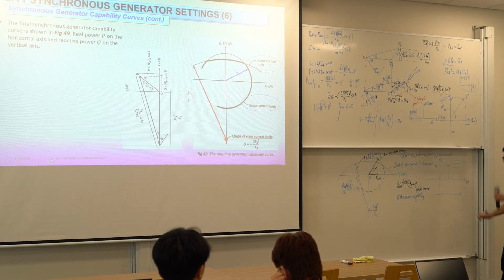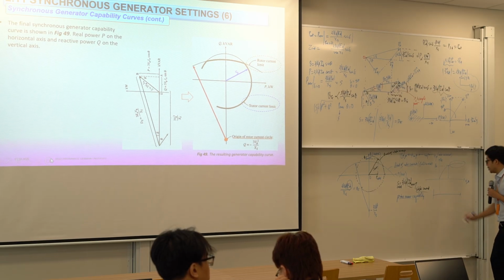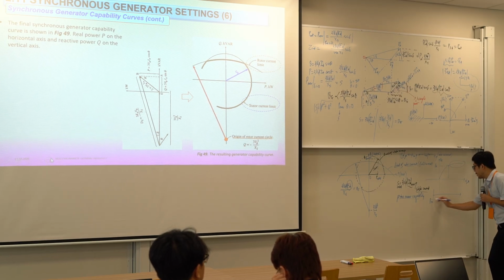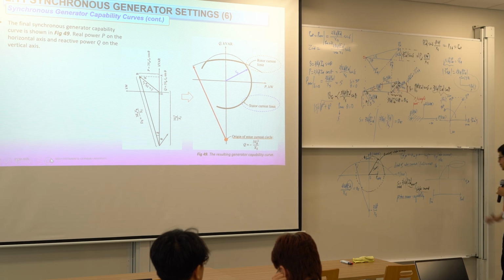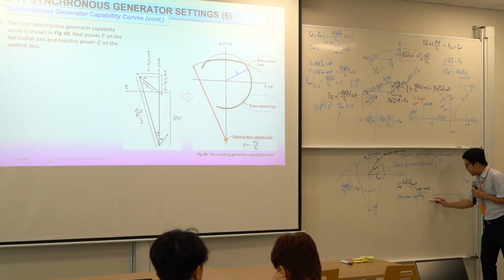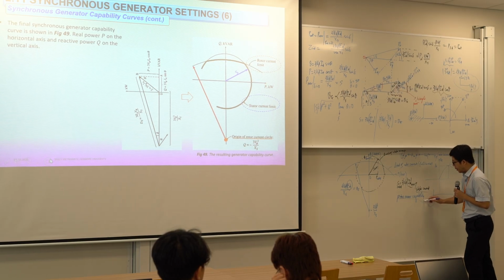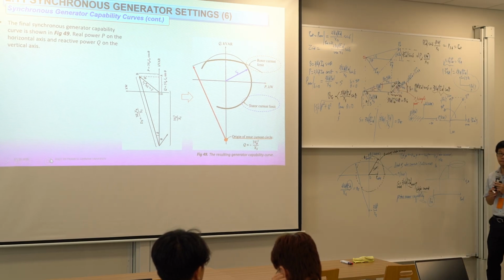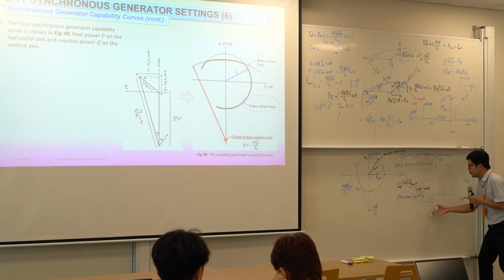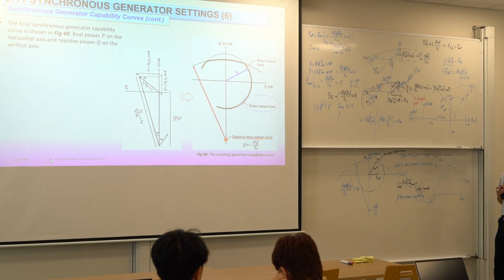If we have the power flow diagram of a synchronous generator, this is P in, this is P out, right? The input power of the synchronous generator is equal to the power of the prime mover. It is based on the capability of the prime mover, like water turbine, steam turbine, wind, gas turbine. You know, P in should have a limitation.